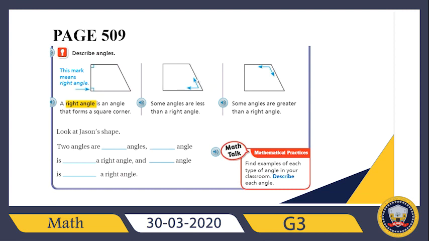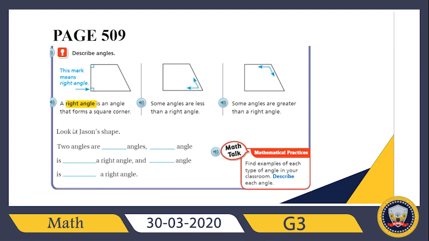This angle is less than a right angle. If it were a right angle, I know it would be like this, right? But this angle is less than a right angle. What about this angle? If it were a right angle, I would use this line and this line segment. But this time it's greater than a right angle.